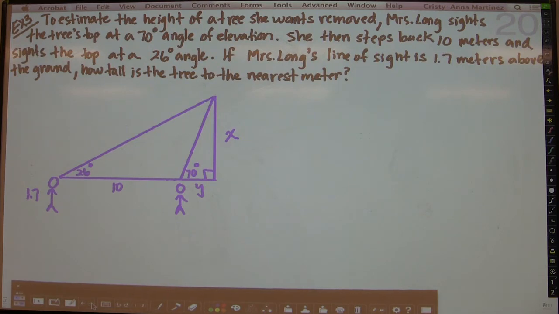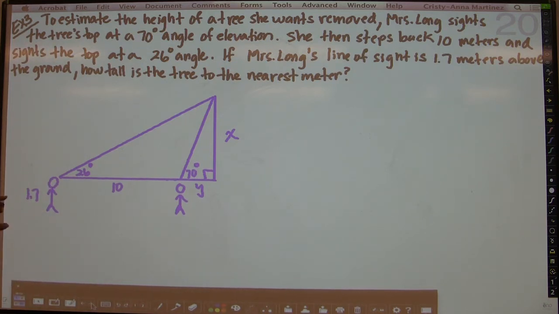That is the question. So we actually have to set up our equation twice, all right? And what we're seeing here is that after we're all said and done, we're going to actually have to add the 1.7 to our height, because she's above the ground here, okay?